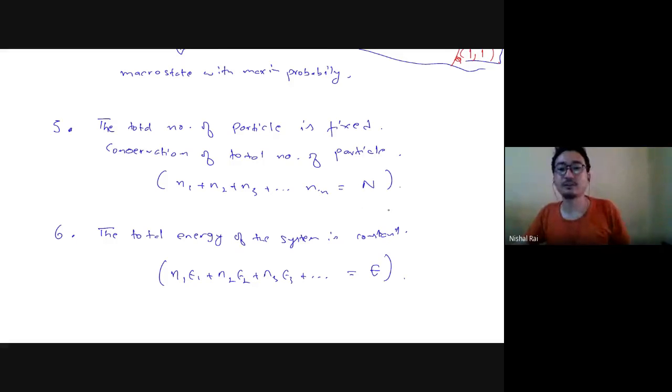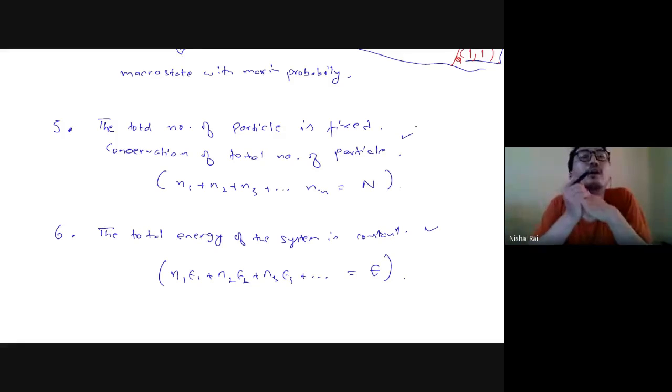So this is conservation of energy, conservation of number of particles, and we learned about the equilibrium state and the probability of microstates, called equal a priori probability.